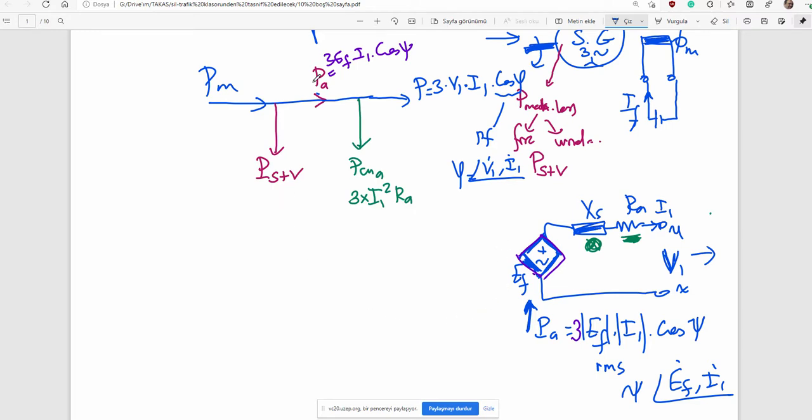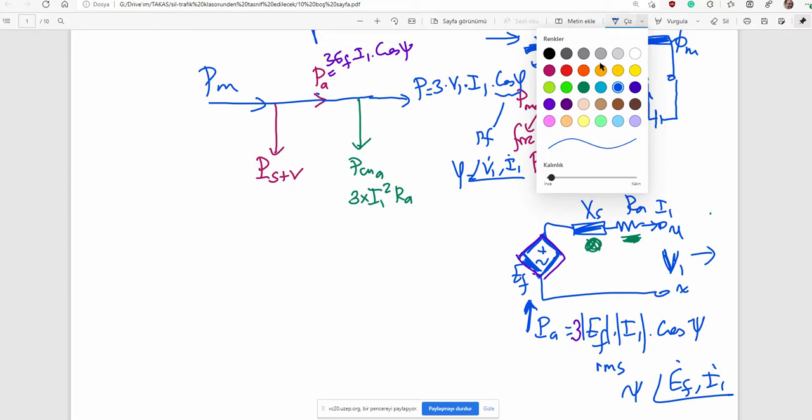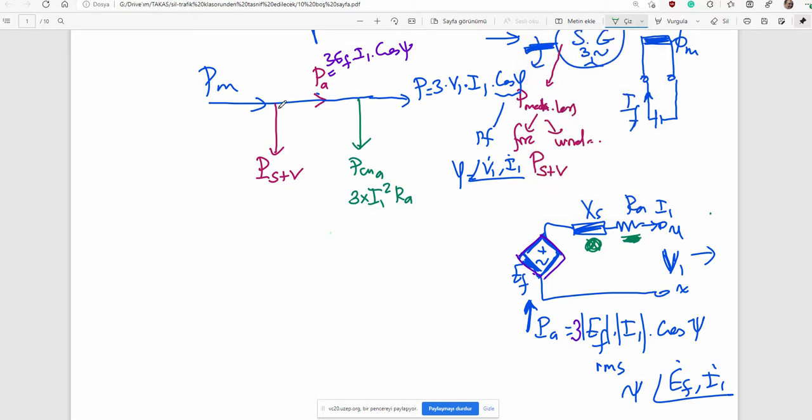Now someone can ask whether there are some iron losses or not. In case it is given, iron losses or core losses are here. It acts as if it is a kind of mechanical losses, so it is generally included in the mechanical losses.